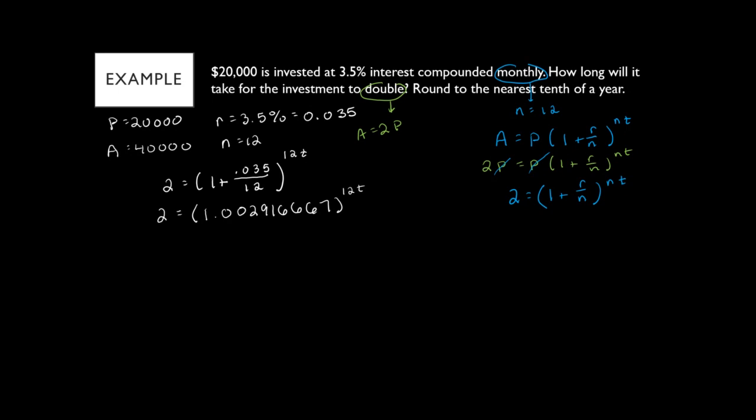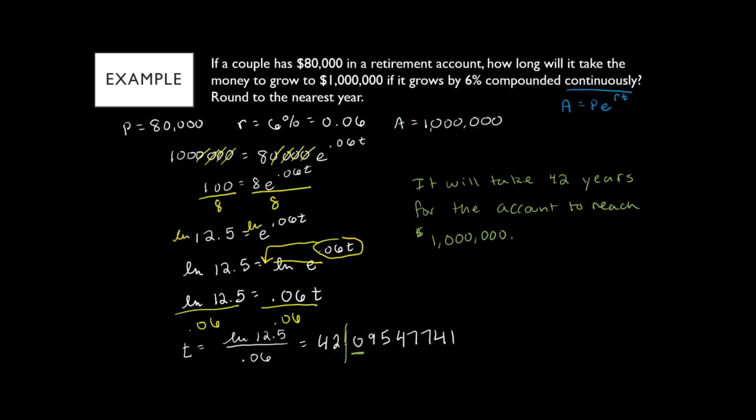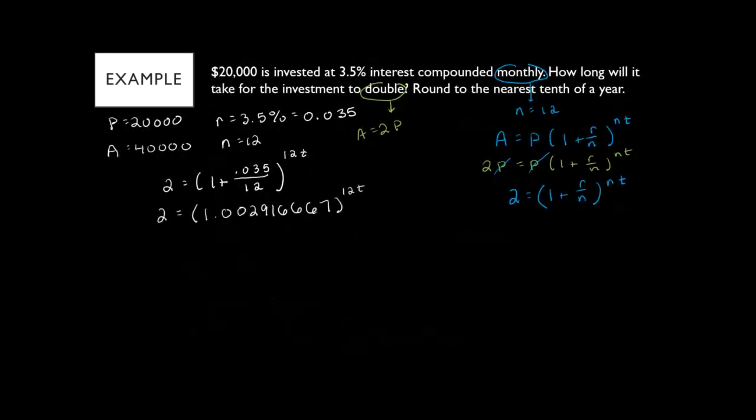It doesn't matter which one; you just have to do the same thing on both sides. I usually do the natural log because we did the natural log on the last one, and we're solving it the same way. My calculator has a button for both, but that's usually what I end up doing.